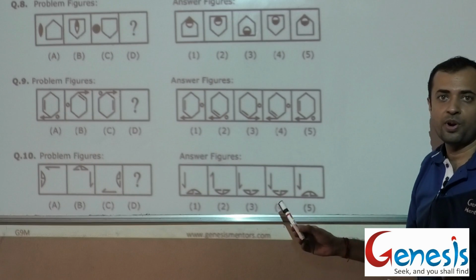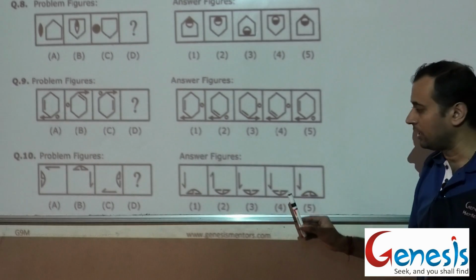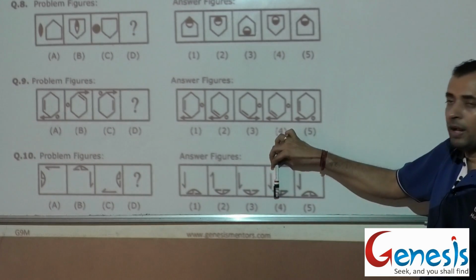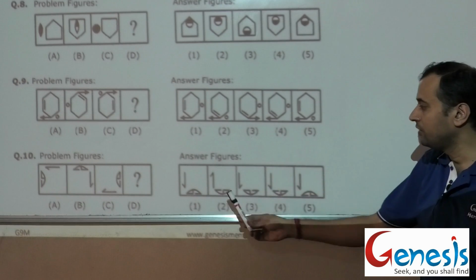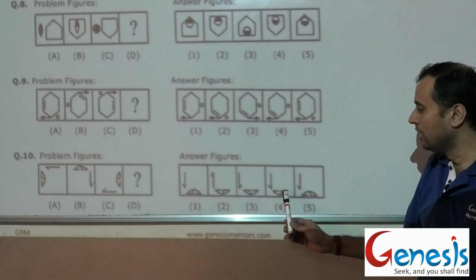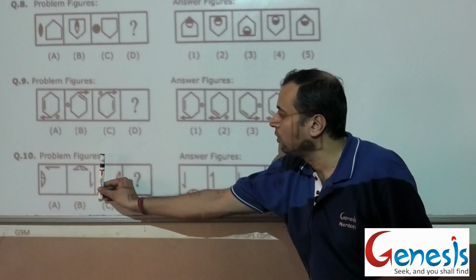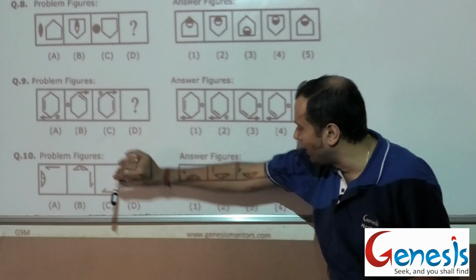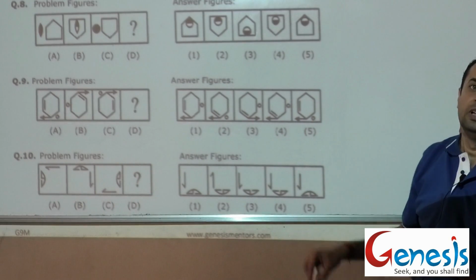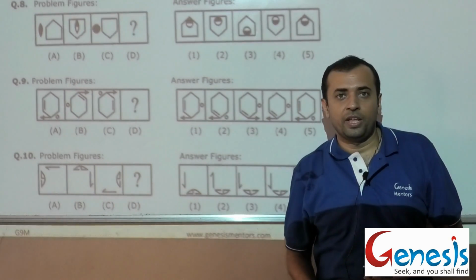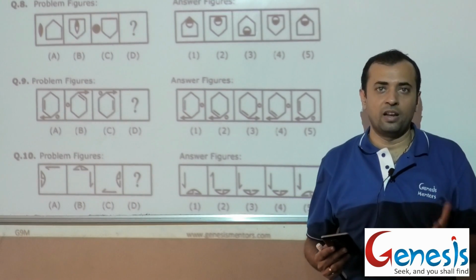In the same direction, so you don't need to check in which direction it was facing. Just top or bottom would help you differentiate between these two answer options 2 and 4. So my correct answer is going to be 4. Again I repeat why, because this definitely goes one place and then when it is inverted, the arrow should point down. So this is a collection of 10 questions which were based on analogies.